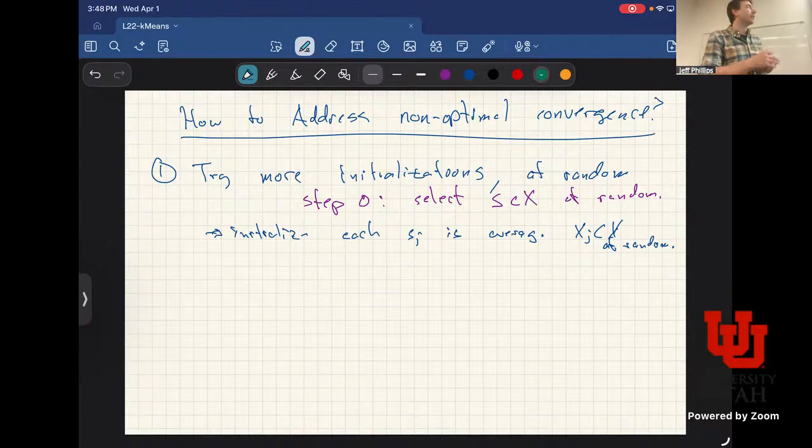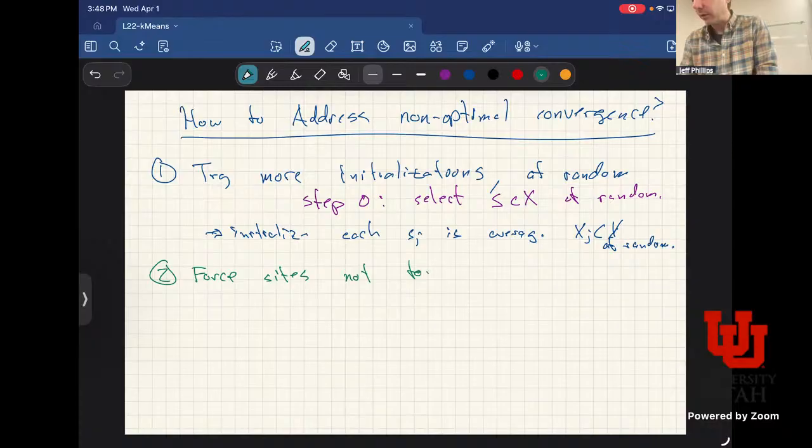Great. Okay, so kind of force the sites not to be too close to each other, right? So force sites not too close.